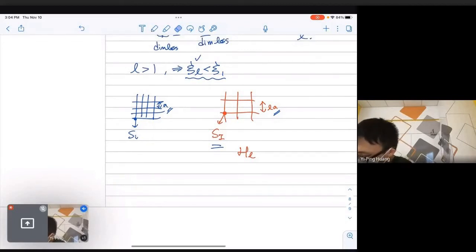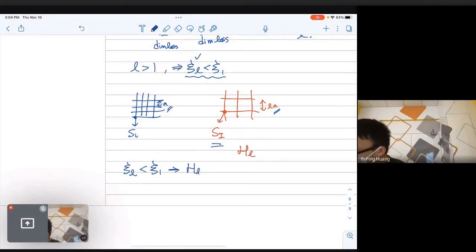The point I'm trying to make is that CL is smaller than C1 implies that HL must be further from the critical point.